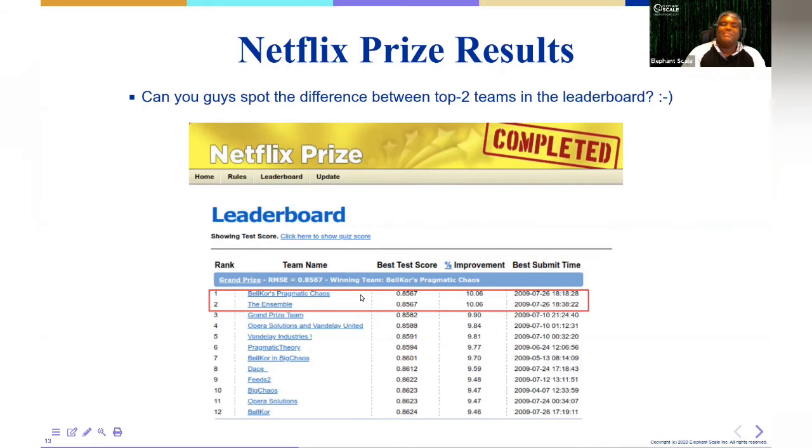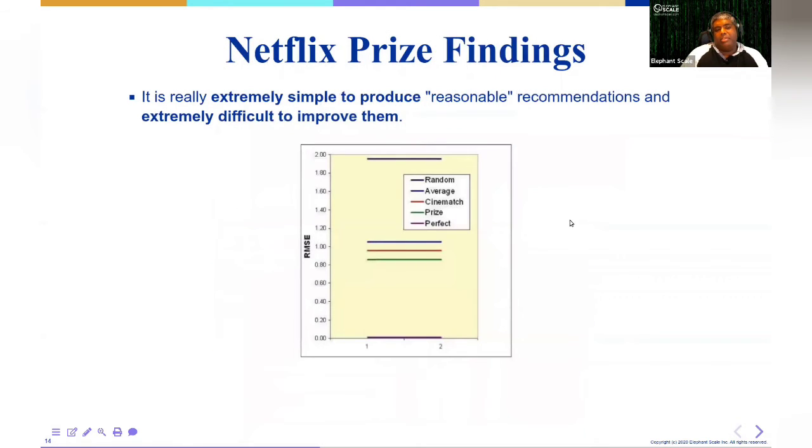Anyhow, this competition was pretty powerful, using real-world data. You can still download the data, it's still available on Kaggle. After the competition was done, they did an analysis and published a paper. Their idea was that it's extremely simple to produce pretty decent recommendations.